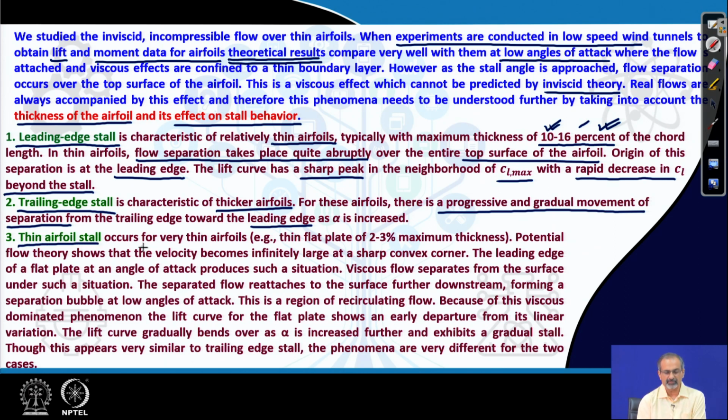And then there is another kind of stall, which is called thin airfoil stall, that is with respect to sections which are much thinner than these, typically 1 to 3% thin, which is extremely thin really. You can consider say a thin flat plate, and that would be a typical thin airfoil stall. Near the tip of such a sharp airfoil, there is a sharp convex corner at the leading edge of the airfoil that produces a very rapid acceleration of the flow, and viscous flow is unable to remain attached under such a situation.